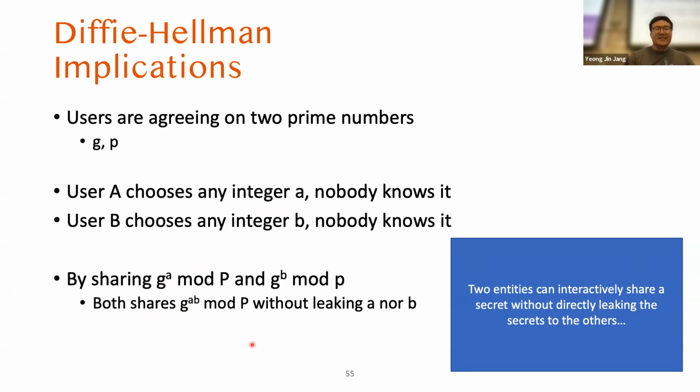So the two users can interactively talk together. They just need to send one message to the other, and then they can share a common secret. And then we will use Diffie-Hellman exchange to exchange a key for the block cipher and also for the HMAC.